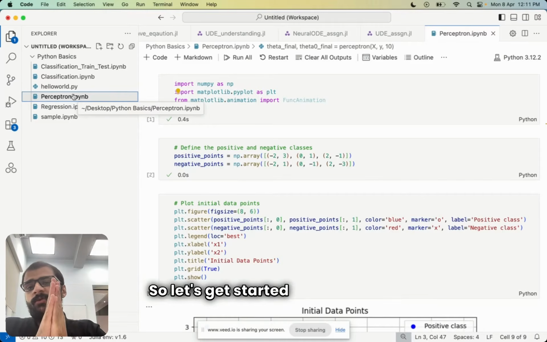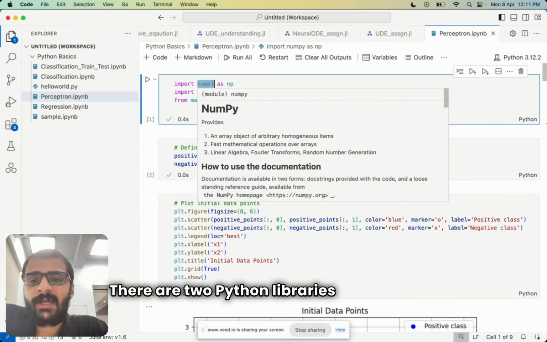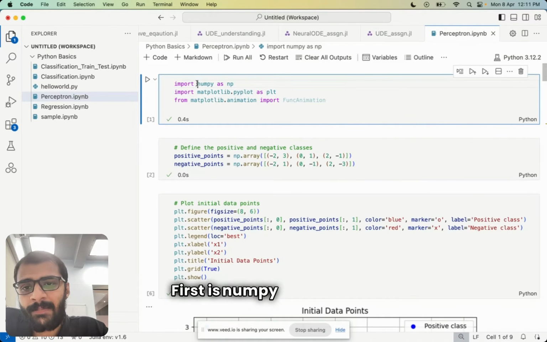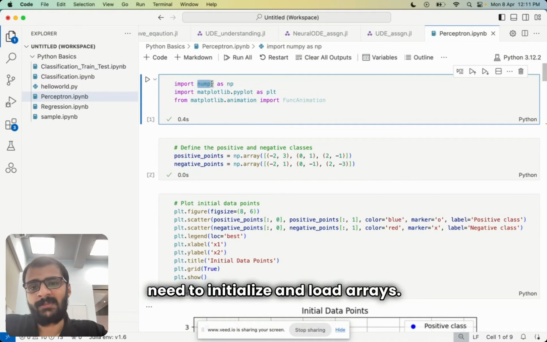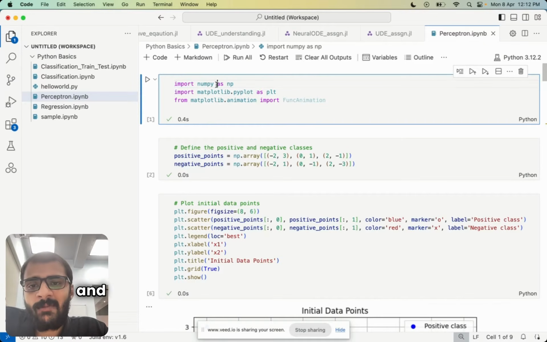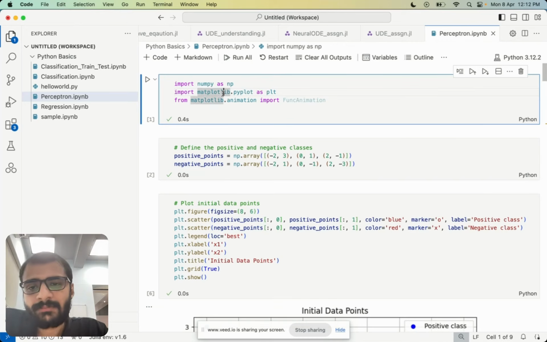So let's get started with the code. There are two Python libraries which we are going to be using for this demonstration. First is NumPy, since we will need to initialize and load arrays. That is why the first library which we import is NumPy, and we write this statement as import numpy as np.